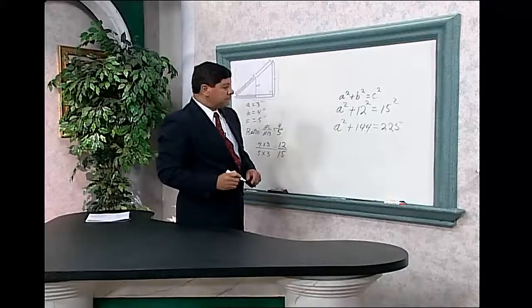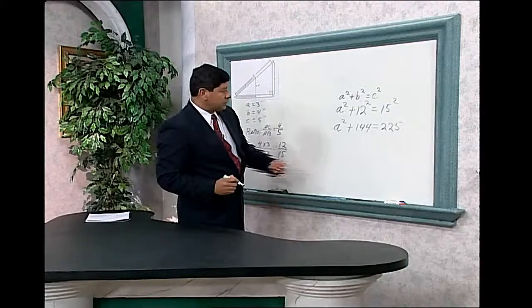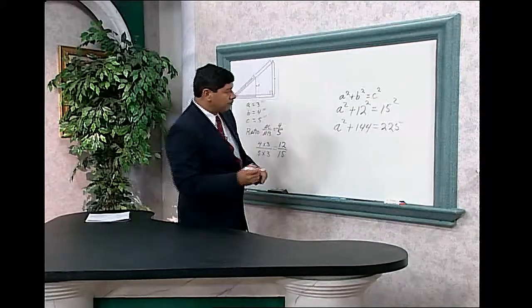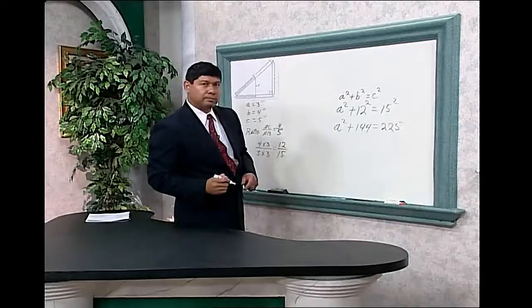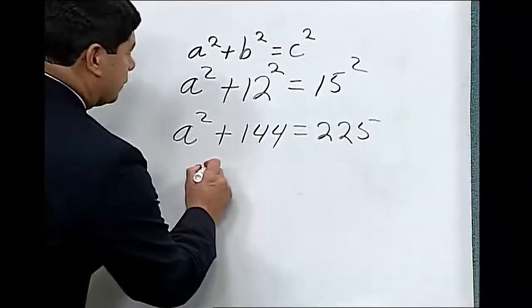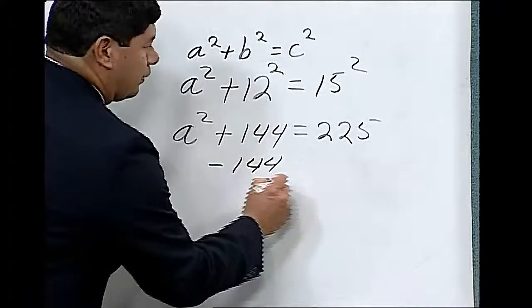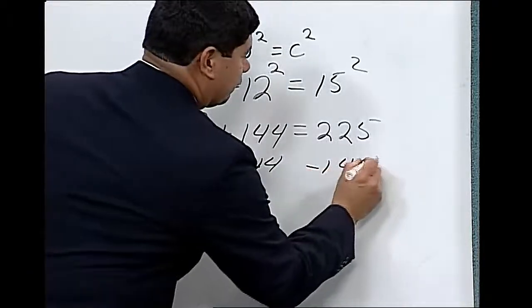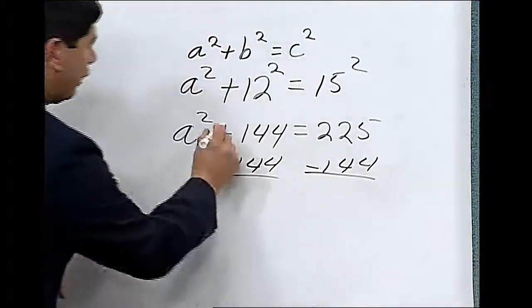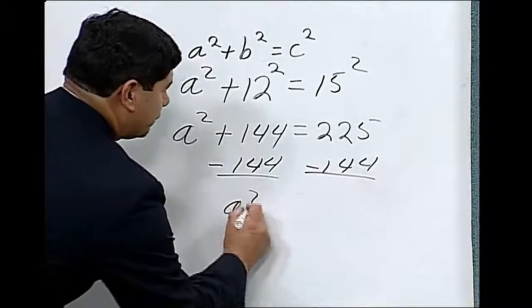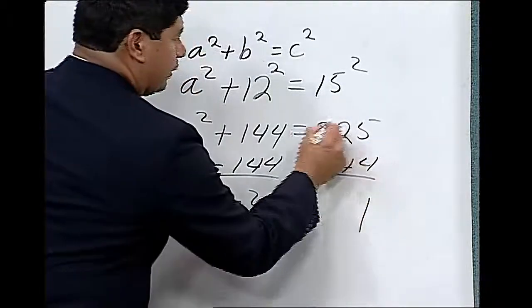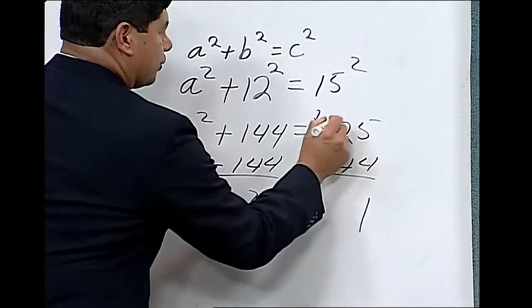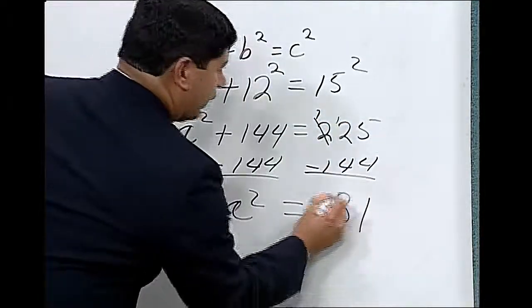All we need to do is begin to isolate our variable. In this case, we're working with A squared. So we're going to subtract 144 from both sides of our equation. We end up with A squared is equal to 225 minus 144, which is 81.